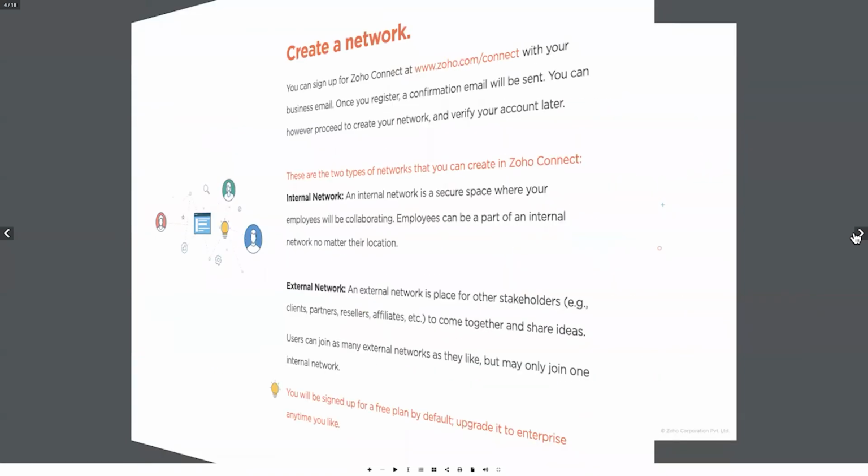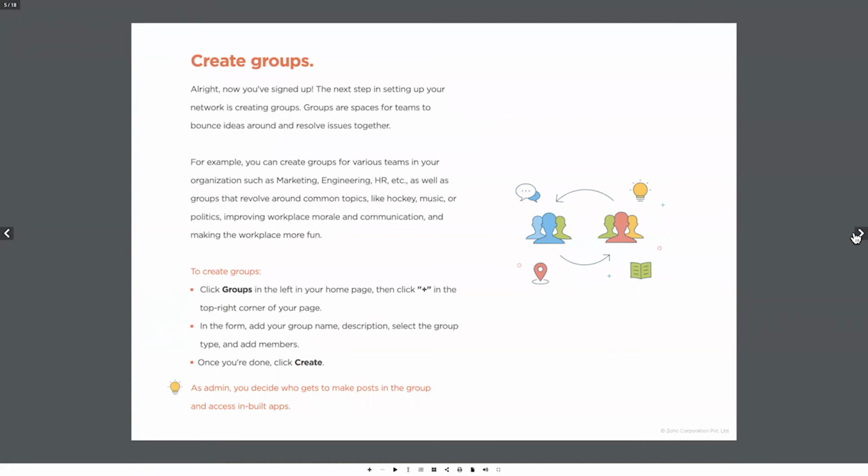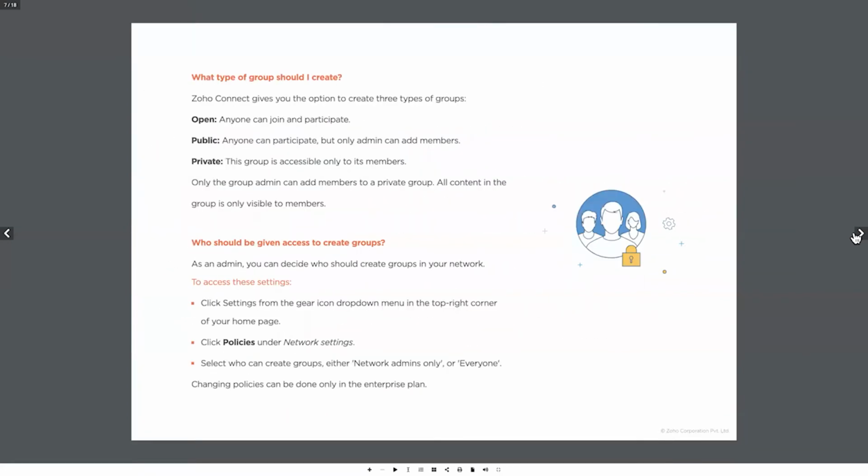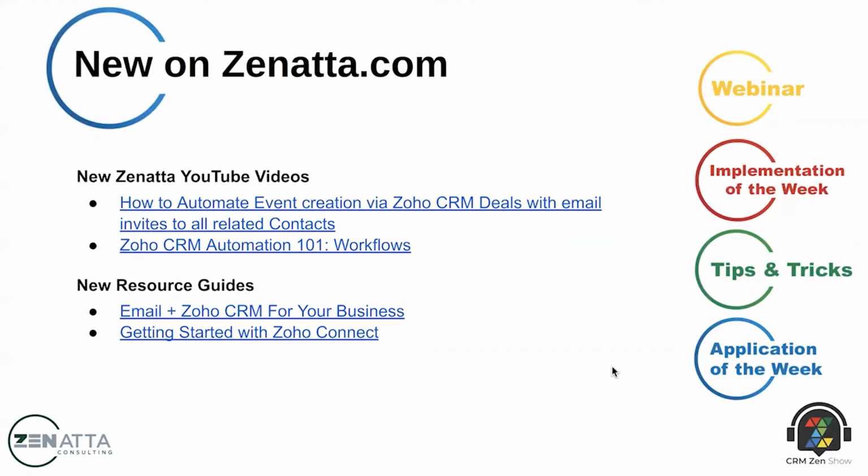This one on Connect is a step-by-step guide on getting started with Zoho Connect. Really good stuff, and I think we've laid it out in a really nice way. We hope you enjoy these resource guides. We're spending a lot of time finding them and putting them in a format that's very usable for you too. They're all downloadable content as well.